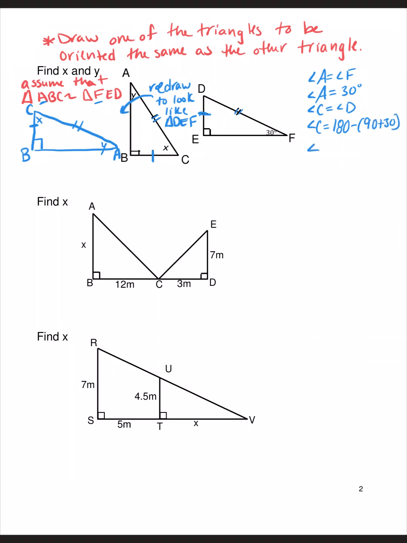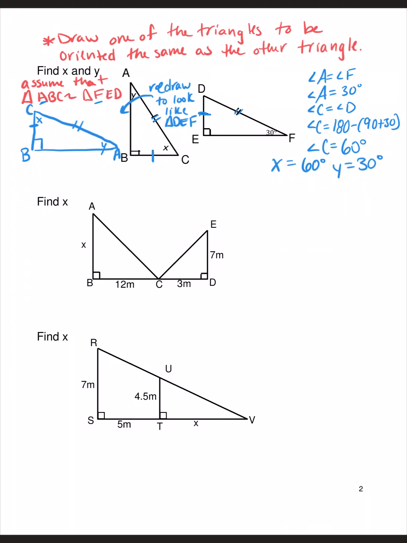So we could say angle C is equal to 60 degrees. So in this case, then X would be 60 degrees and Y would be 30 degrees, because we know in similar triangles that the angles are equal to each other.